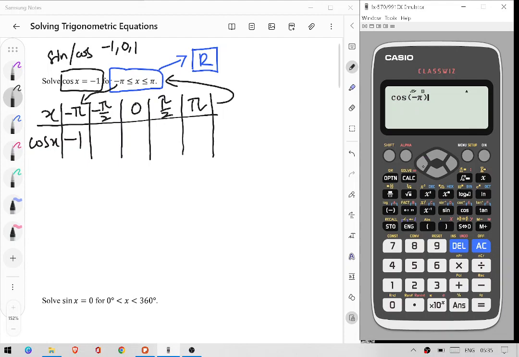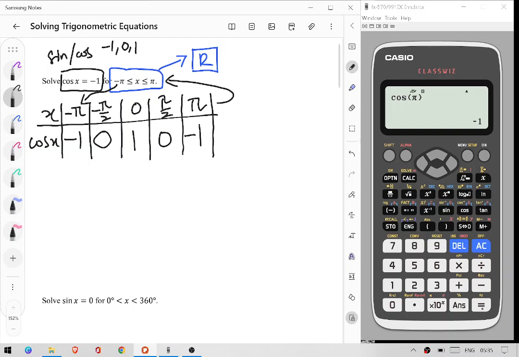Now we just edit the value over to the next. Cosine of minus pi over 2 is 0. Cosine of 0 is 1. Next, cosine of pi over 2 is 0, and last but not least, cosine of pi is minus 1.